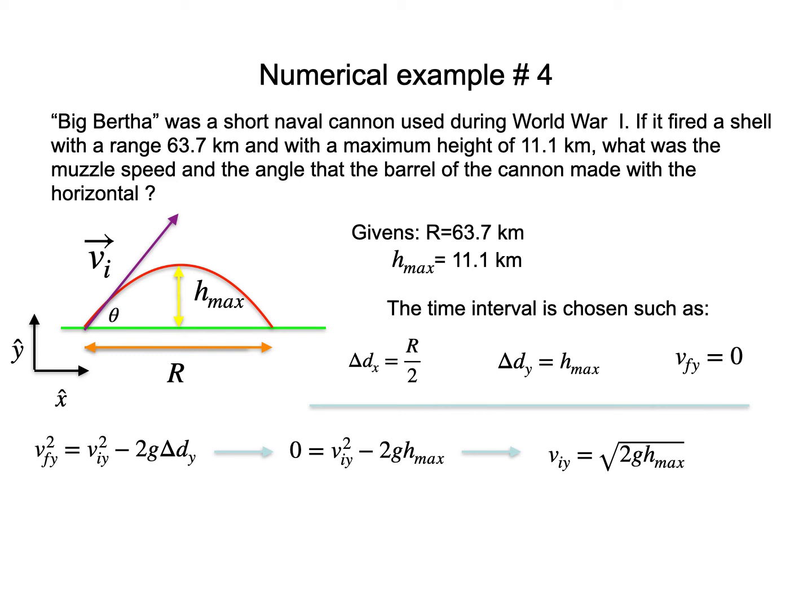Next, let us use another kinematic equation that involves delta t this time. For our chosen interval, we can write this from it and isolate for delta t. Finally, let us use a kinematic equation that will use the horizontal component of the displacement.